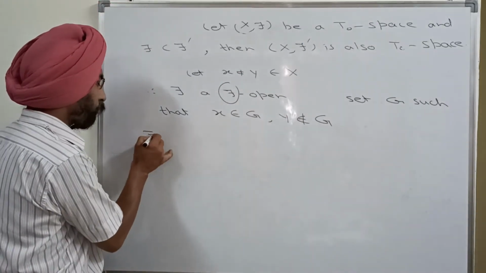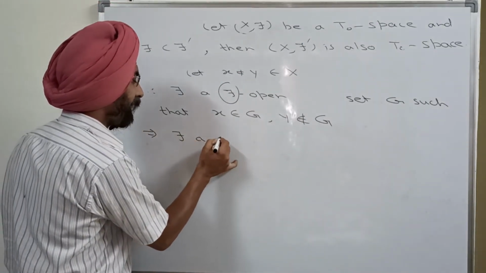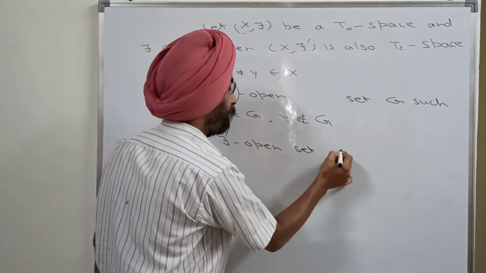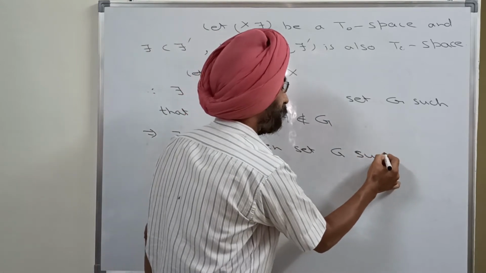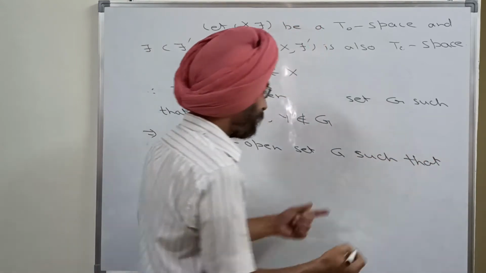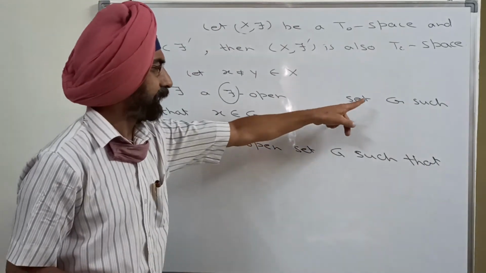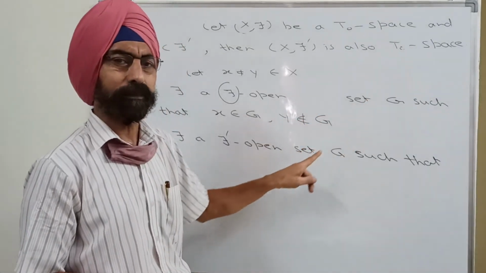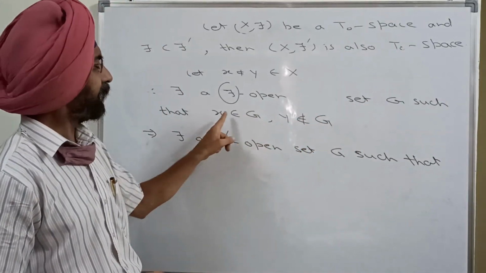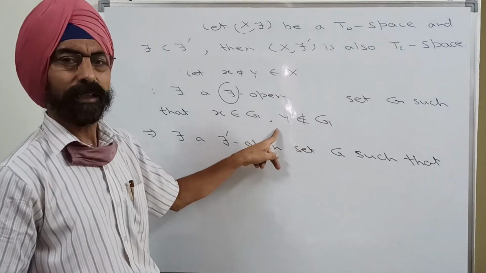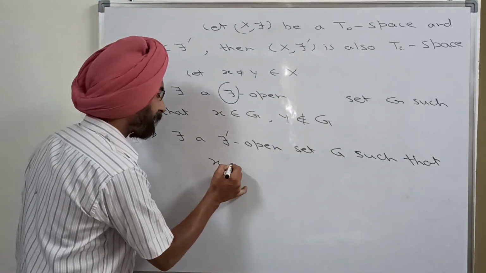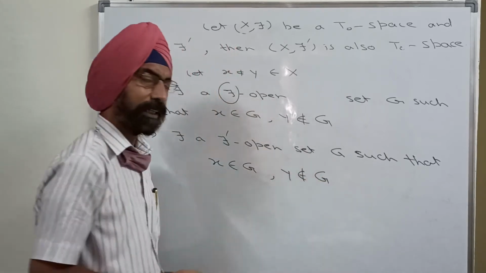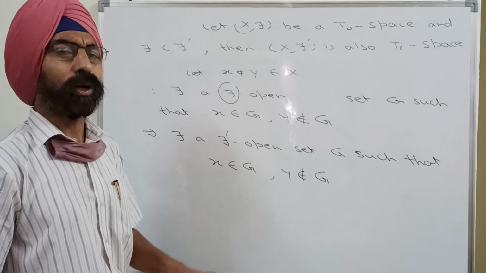So what you are going to get: there exists a tau dash open set G such that the set G is same. This is the set G which was tau open, and now it is tau dash open, but the set G is same. That means G still contains x and G still does not contain y. So such that x is in G but y is not in G. So now look at what we have done.